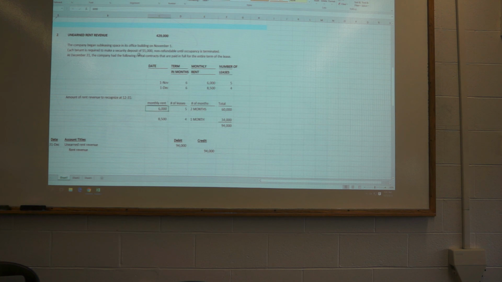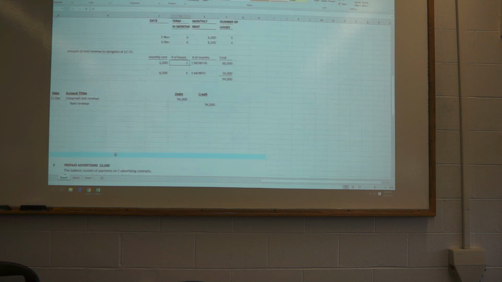The security deposit is totally irrelevant to the rest of the problem. And so you've got 5 leases at that, and it's only November, December, 2 months. So that's 30,000 times 2 gives you 60,000. And then you do the same thing for the other one, and you end up with your journal entry.